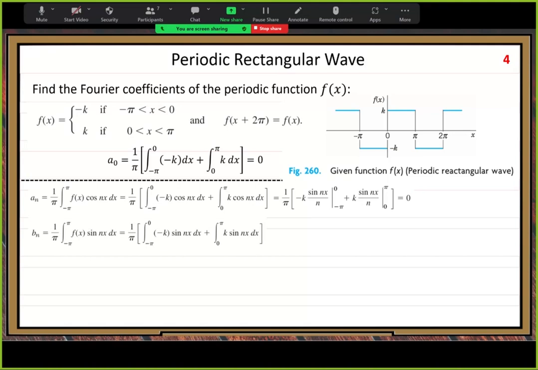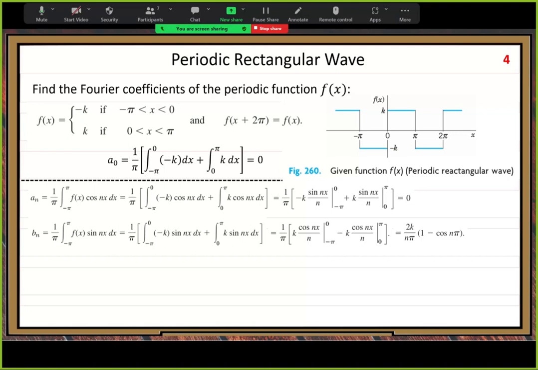Then the b coefficients are non-zero. When we calculate the b coefficients, we get this expression. But with cosine n pi, you need to consider n even and odd.